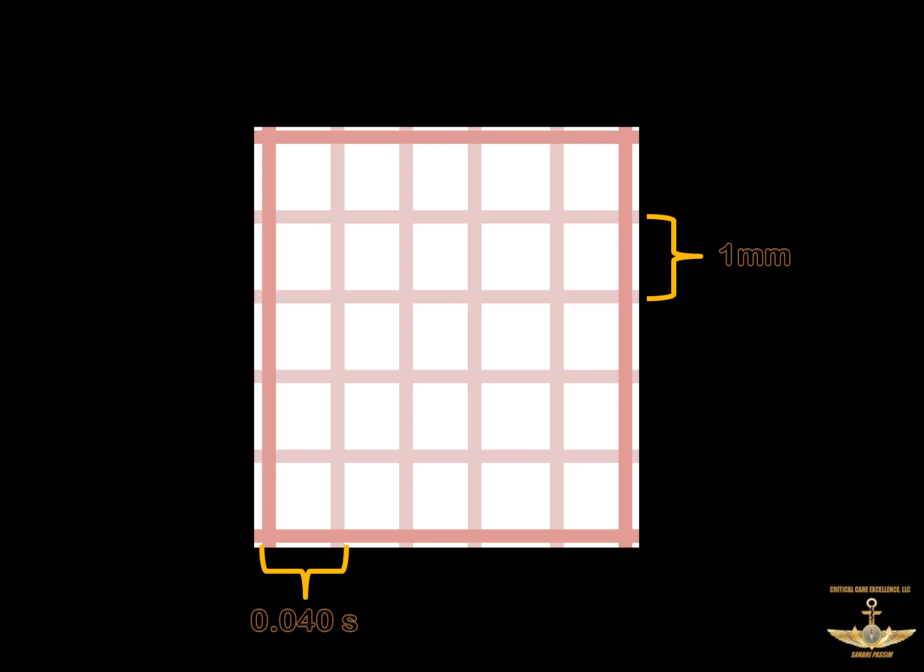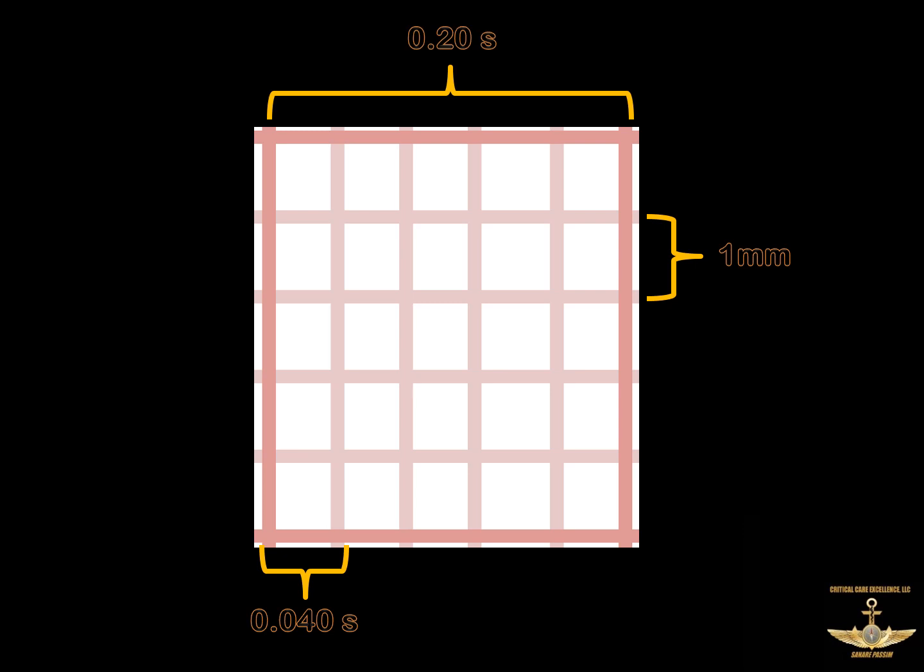On the horizontal, that same small block is 0.04 seconds or 40 milliseconds. That'll be important when you're talking about things like PR interval, QRS duration, and QT interval, also in how we're going to calculate our heart rate.